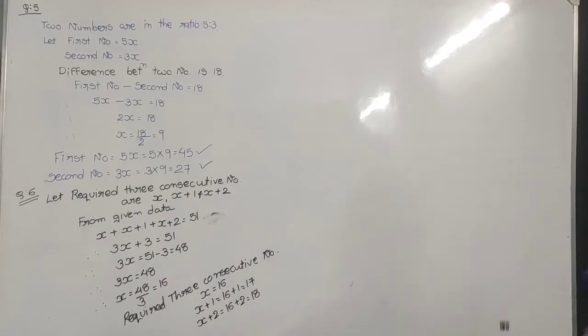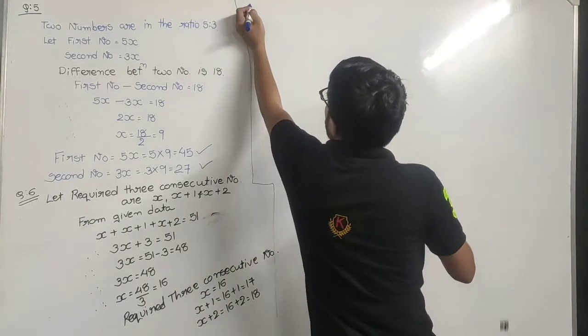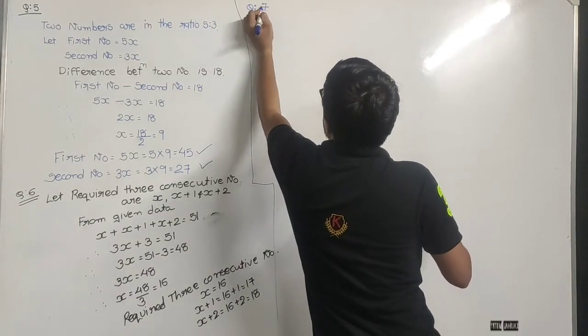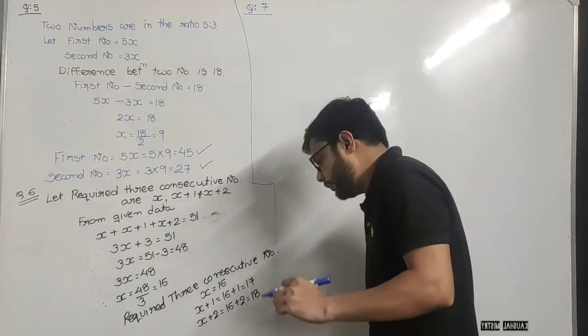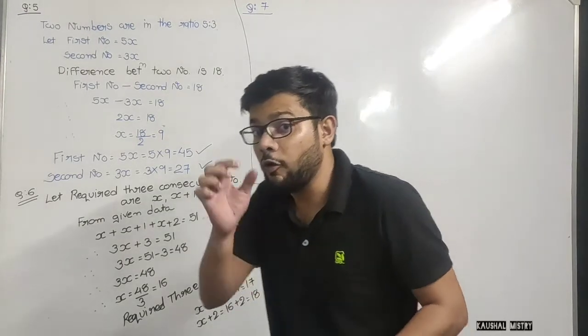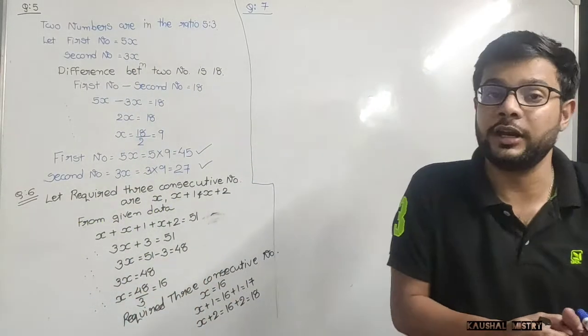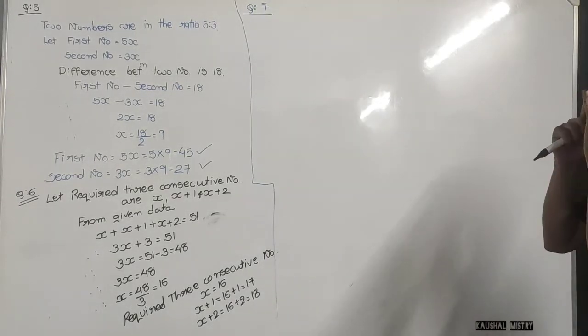Now we are going to solve question 7. Sum of 3 consecutive multiples of 8. We have already discussed this.